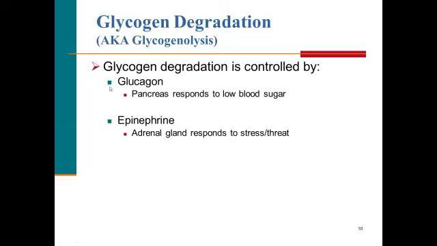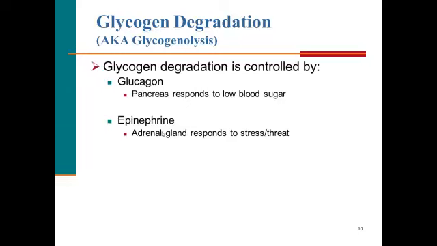The other possibility is the molecule epinephrine, or adrenaline. You guys probably know that hormone as adrenaline. Epinephrine is the hormone that is related to the fight or flight response. So times of stress or threat are also times when we want ample glucose available in the blood, because we want to be able to respond to whatever that threat or stress is.